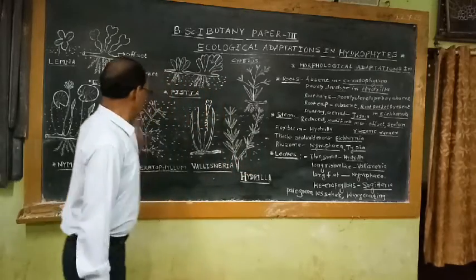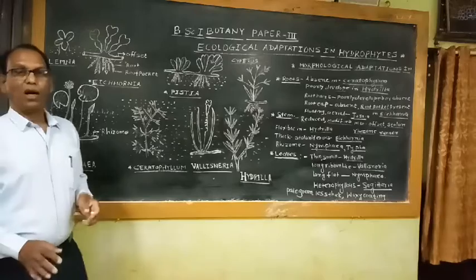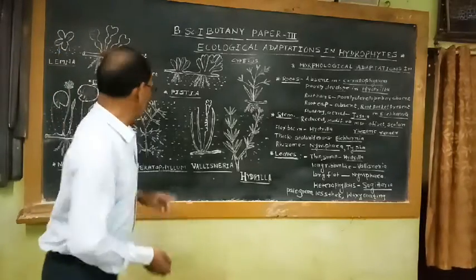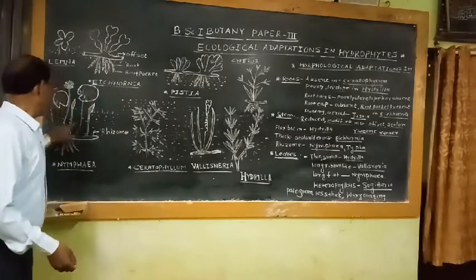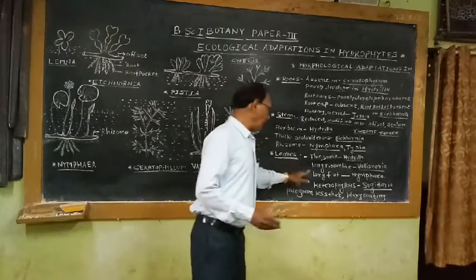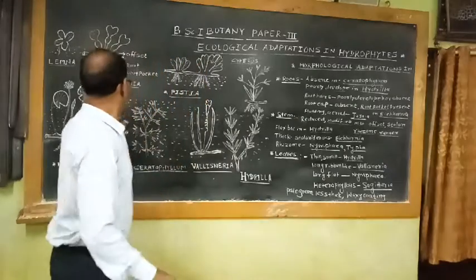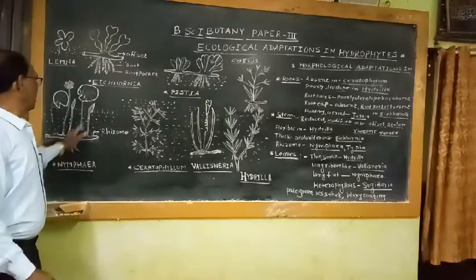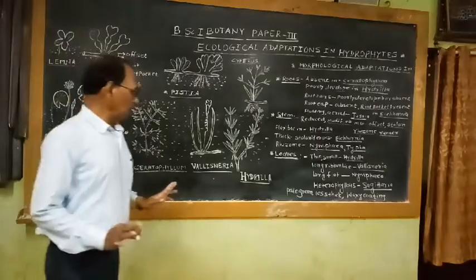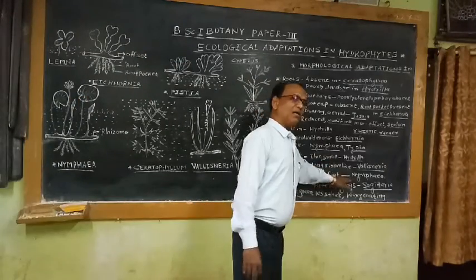If you observe the leaves of Nymphaea, the leaves are flat and long, and they have an elongated petiole. That means this is the adaptation required by this plant.